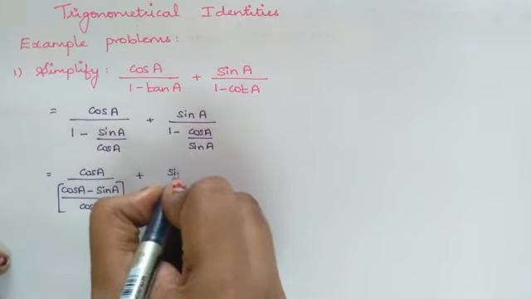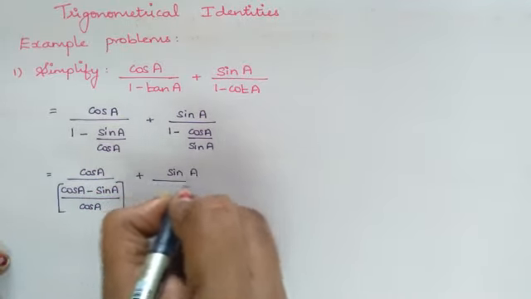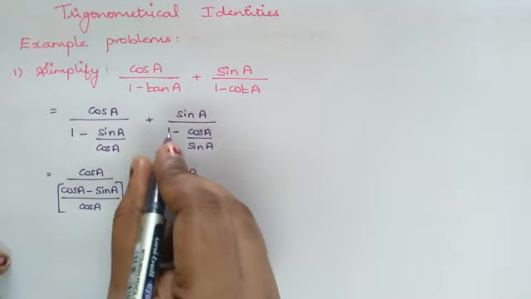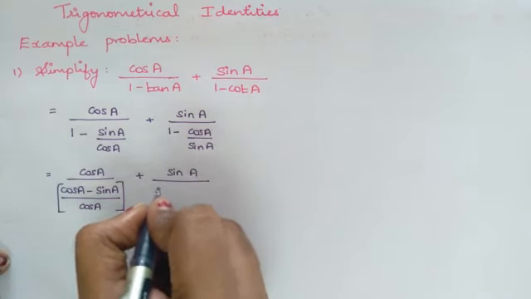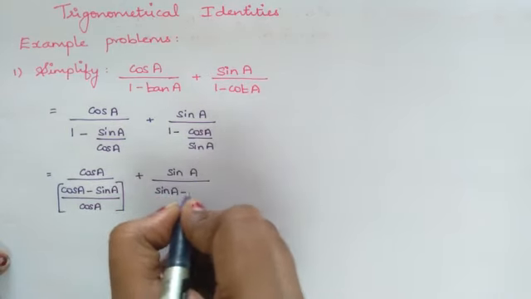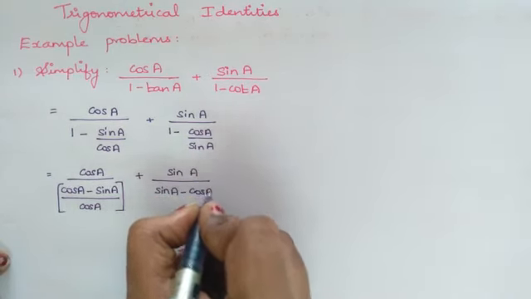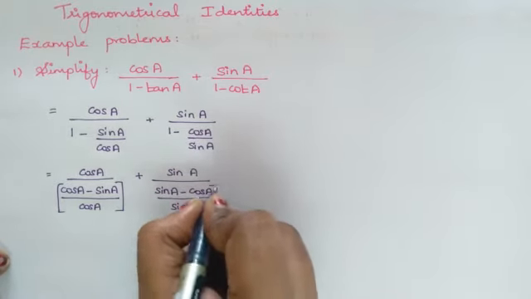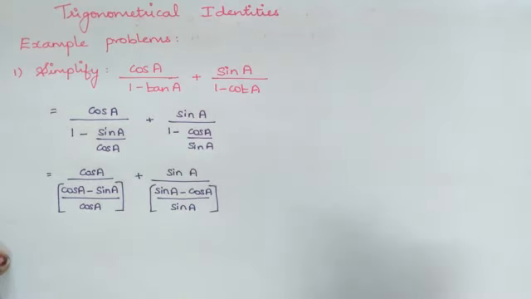Plus sin A as it is, by 1 minus cos A by sin A. Sin A will be multiplied with the opposite numerator, so this will be sin A minus cos A by sin A. So this becomes the entire denominator.